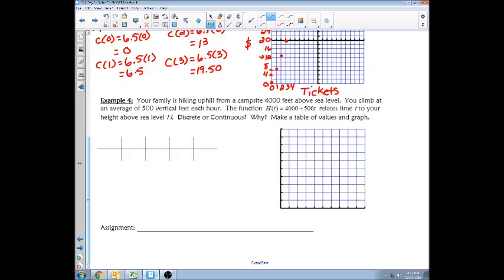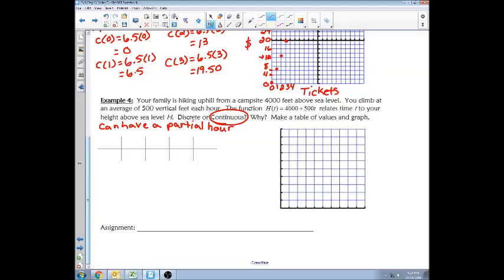Okay? Is this going to be discrete or continuous? So can I have a partial hour? Could I have a half hour or 15 minutes or 5 minutes? Yes, I can. So in that case, this is going to be continuous because I can have a partial hour.